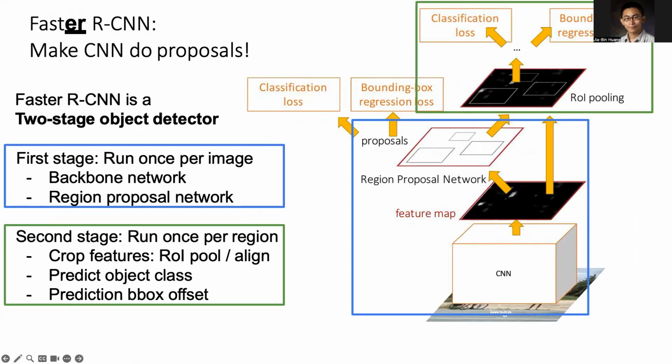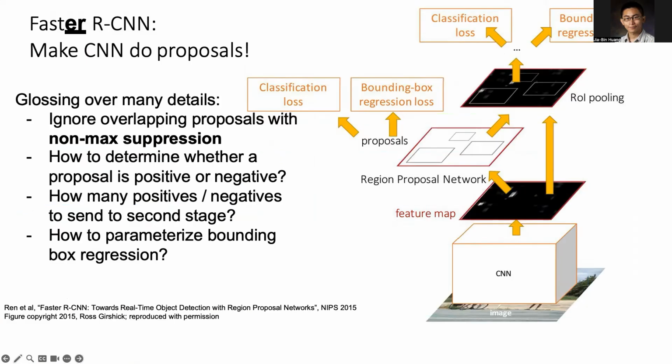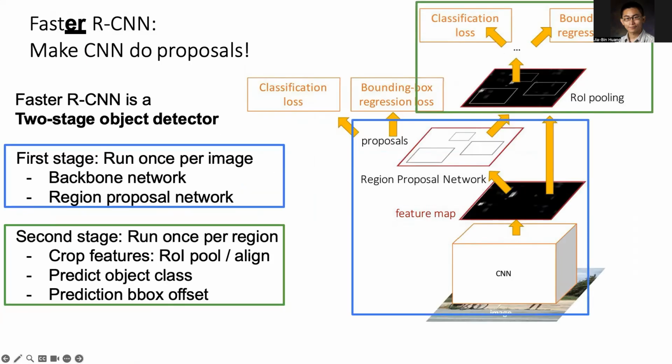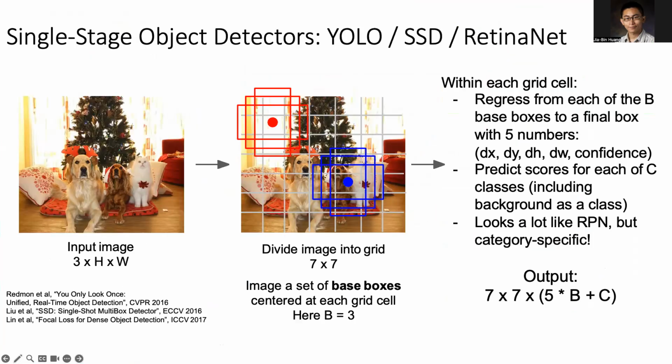But the thing is that later on people find out, why do we need to run the first stage, right? Why do we need to find the bounding box first and then do the classification on each bounding box? So what people find is that maybe I can just take the image, extract features, and directly do just one single stage, right? So I can do the following.